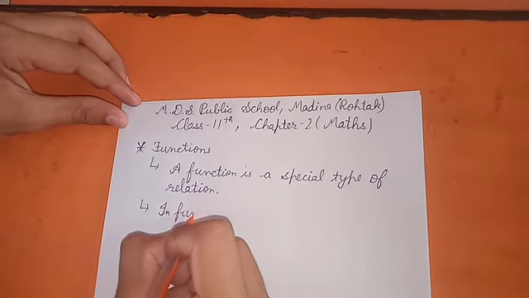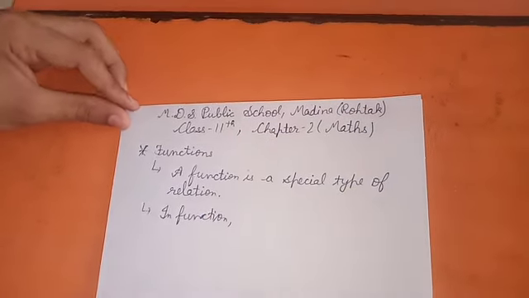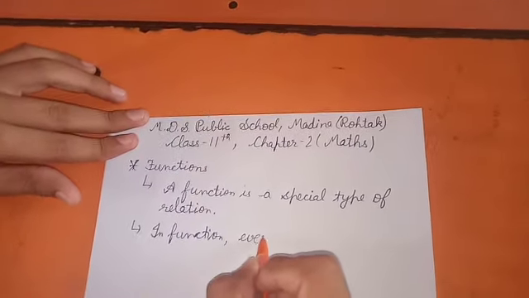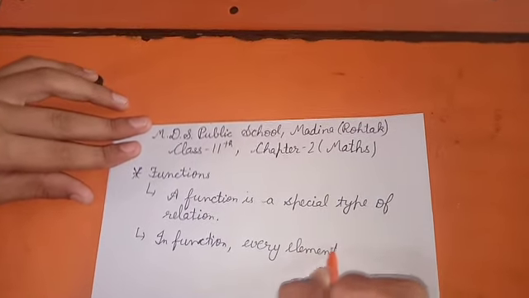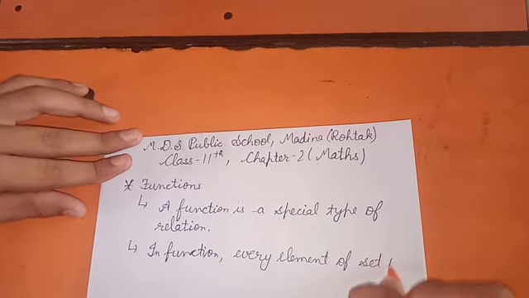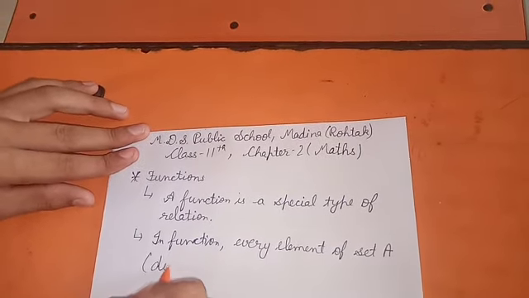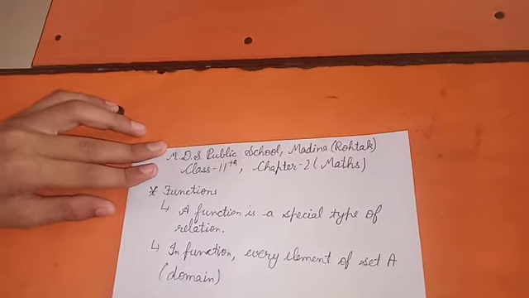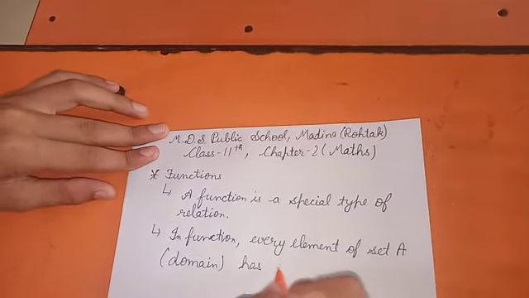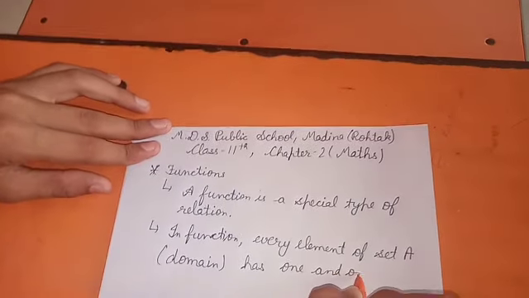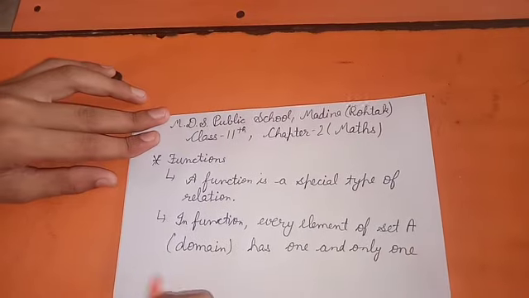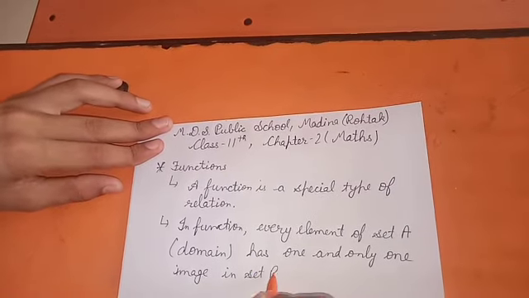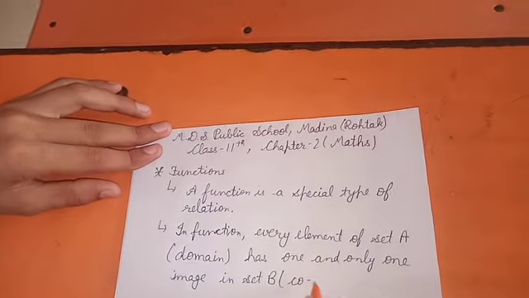In function, when we talk about function, every element of set A, here it means domain, has one and only one image in set B, in set B means in codomain.